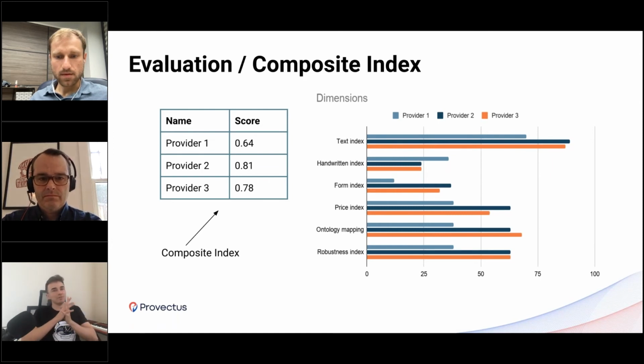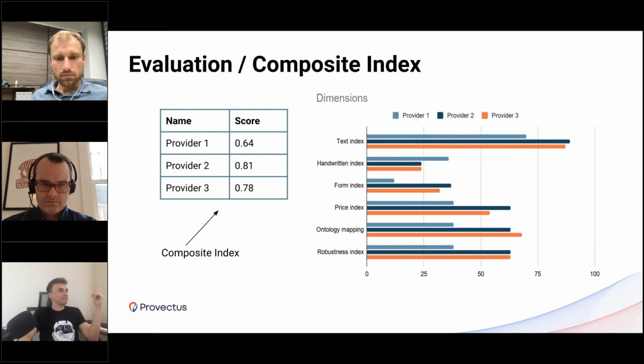Here we will see how good vendors are at correct text recognition, correct text extraction, spelling mistakes, etc. Another one can be a handwritten index, which shows how well the solution is doing with handwritten text, which is extremely important in healthcare. A form index will show how well the solution recognizes key-value pairs. Okay, the price index speaks for itself.